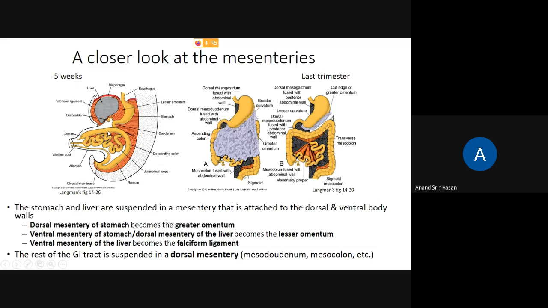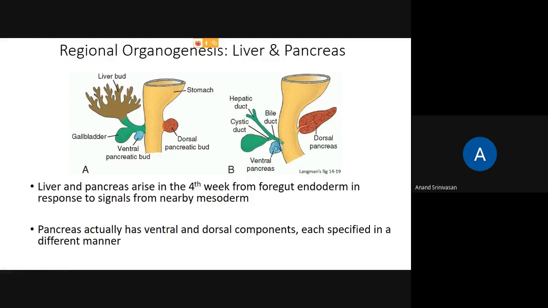After the small intestine comes the large intestine, where the dorsal mesentery is referred to as the dorsal mesocolon. Here you can see the lesser omentum and the greater omentum.